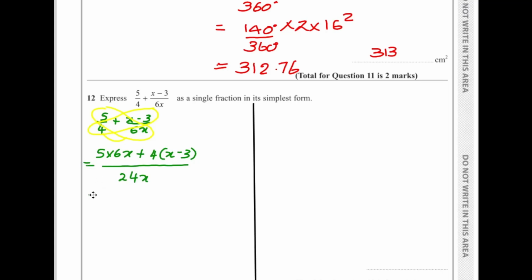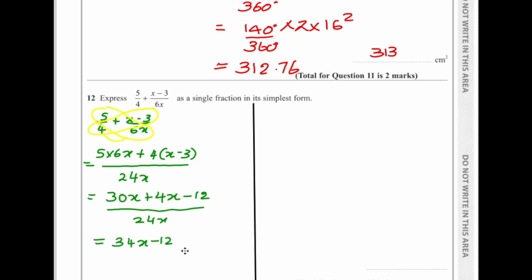Now simplify. 6 into 5, 30x plus 4x minus 12 over 24x. When we simplify this one, 30x plus 4x is 34x.